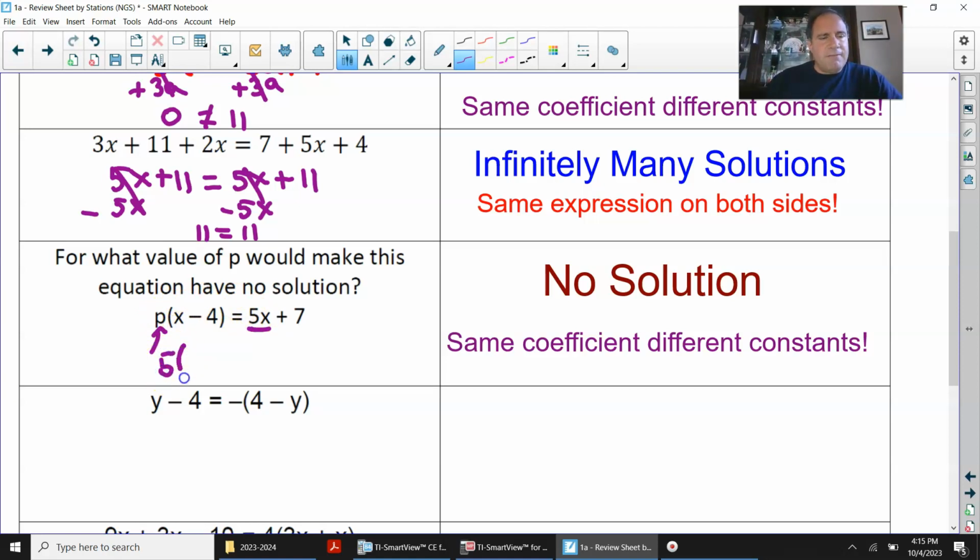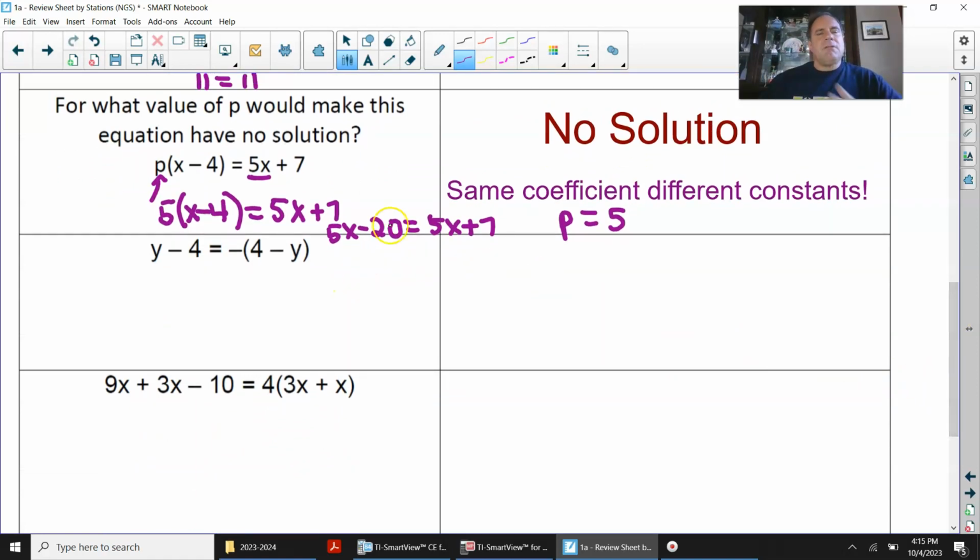So if I put 5 there, it would be no solution. Because 5 times x would be 5x minus 20. 5x minus 20 equals 5x plus 7. That's no solution. So p equals 5. No solution.